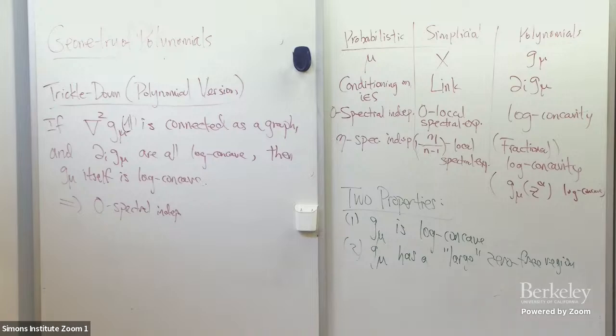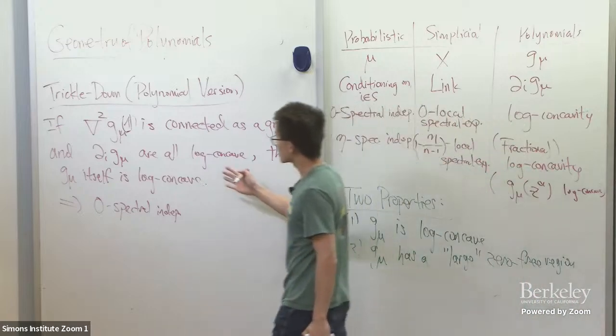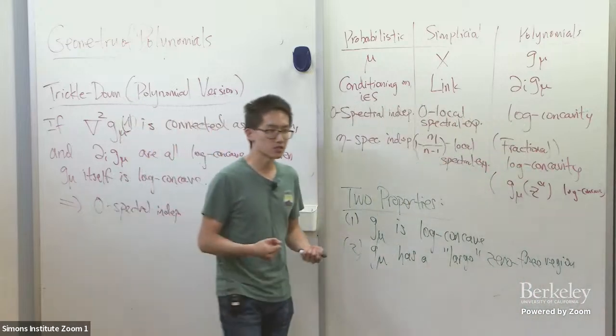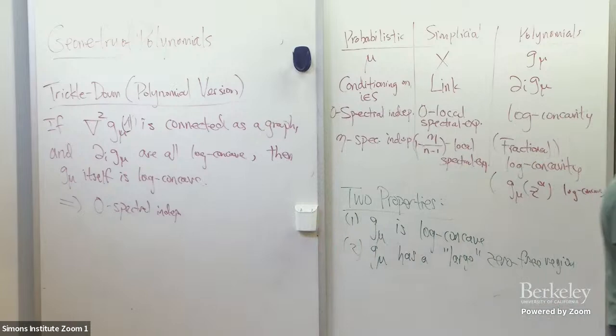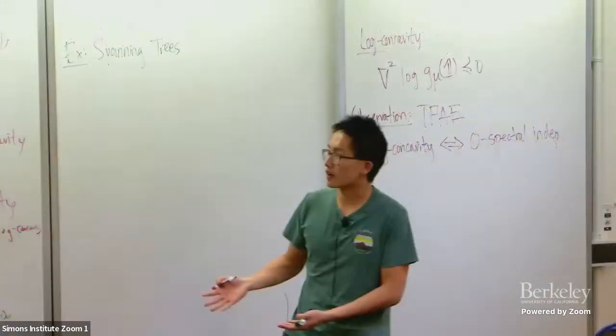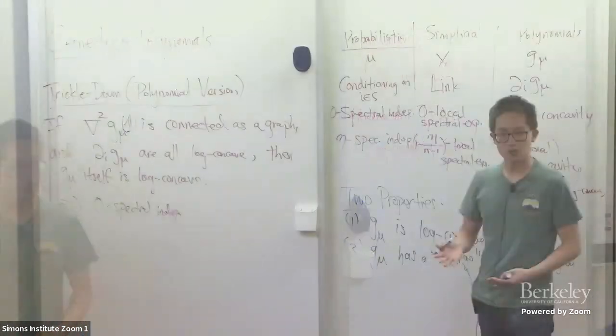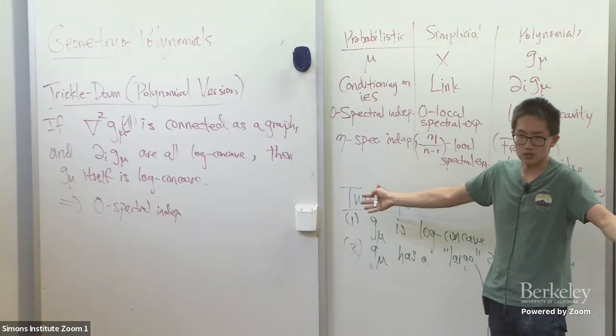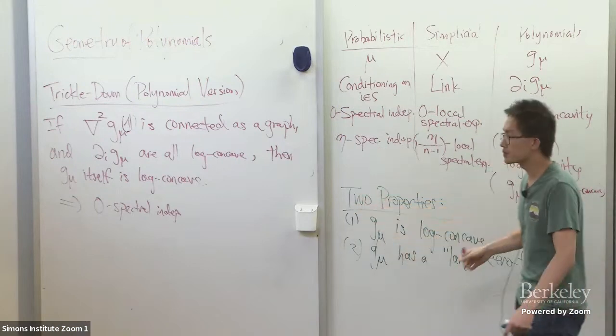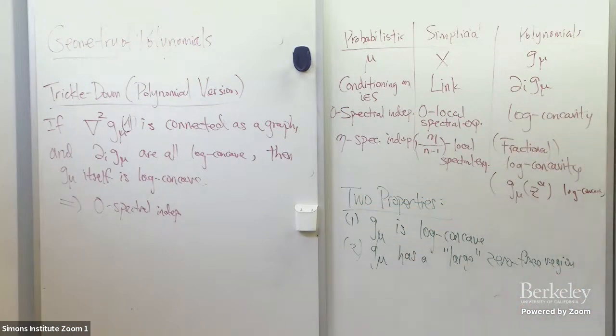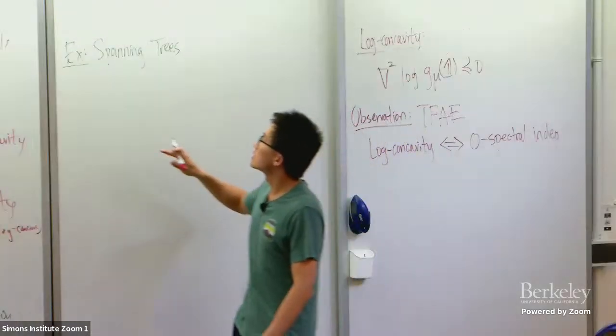Well, I just want to briefly talk about spanning trees. So really, the main advantage of this theorem is that now I can reduce the complexity of my distribution. If I just start differentiating and get all the way down to even just a quadratic polynomial, then all I have to do is verify those quadratic polynomials are log-concave, and then deduce that the whole polynomial is log-concave. Right.